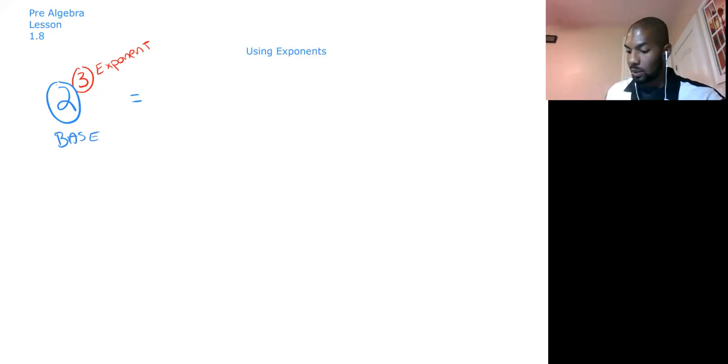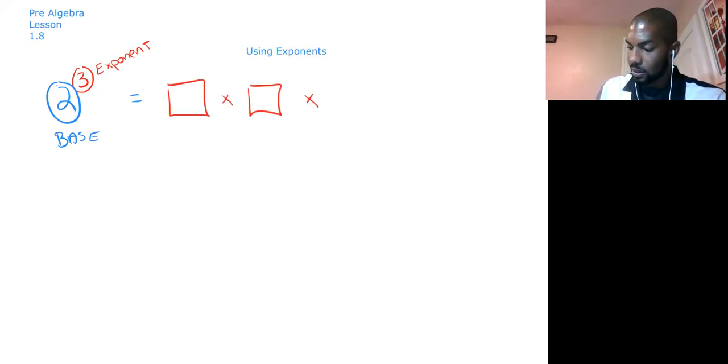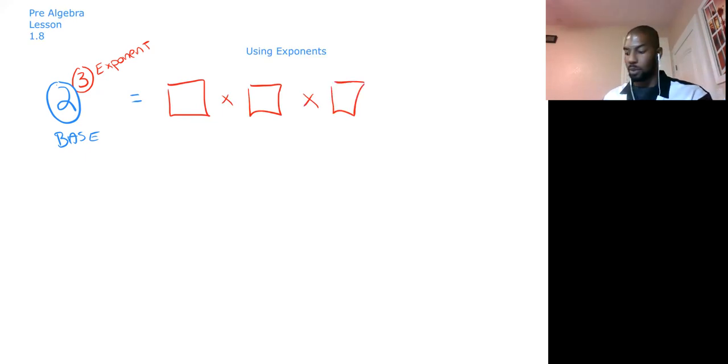So here's what I mean. You see the small number 3, immediately you should think to yourself, I'm going to be multiplying this thing 3 times. Whatever is the big number. The big number is 2, so all I do is multiply 2 by itself 3 times.